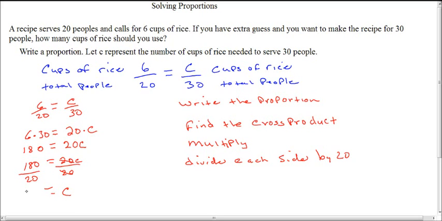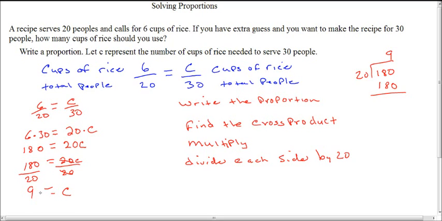Let's put it up here so you can see it. We're going to take a sidebar and put 20 into 180, and 9 times 20 is 180. So again, think about dividing 2 into 18.